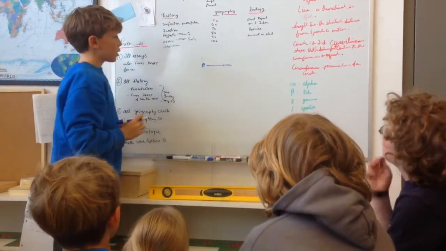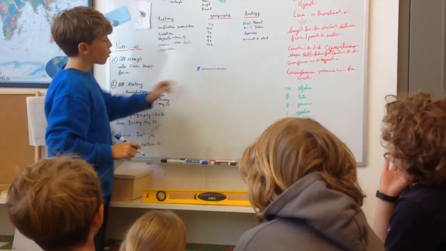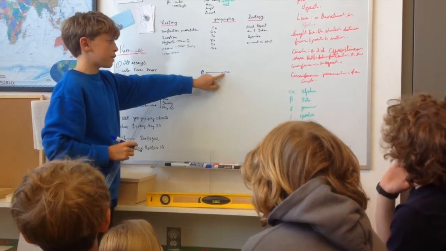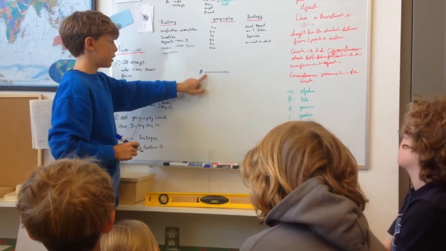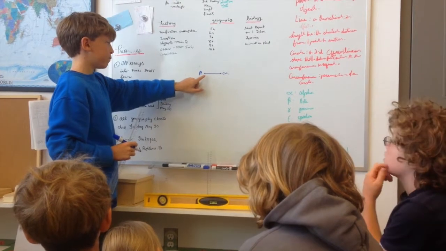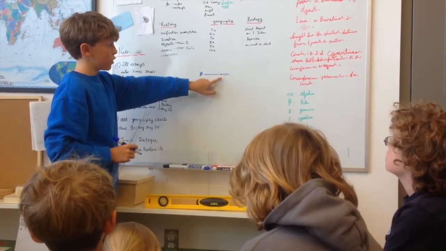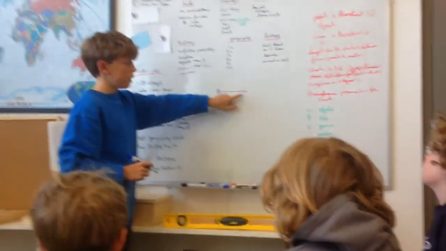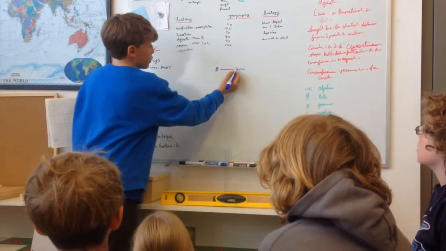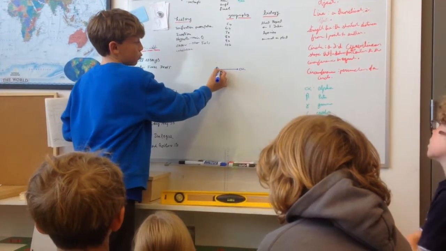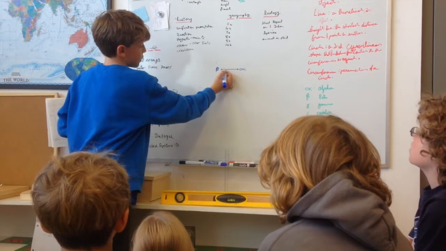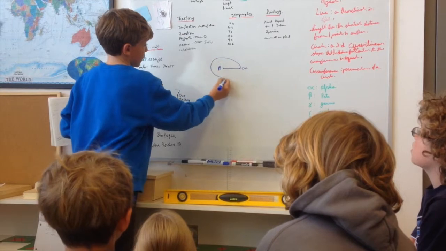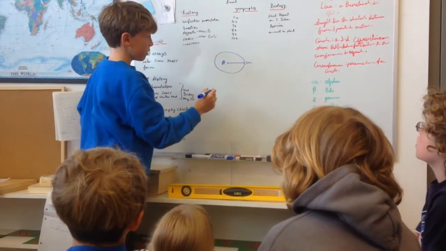The way we can make two circles with this as the radius, we can use alpha as the center and alpha to beta as the radius, or we can use beta as the center and beta to alpha as the radius. That's what the circle would look like with beta as the center.